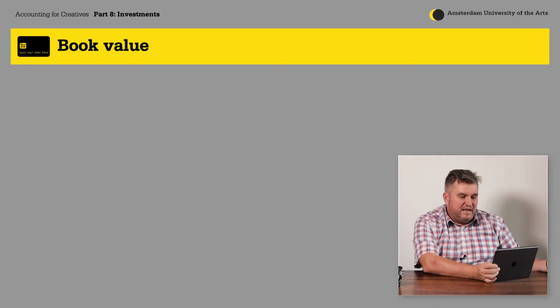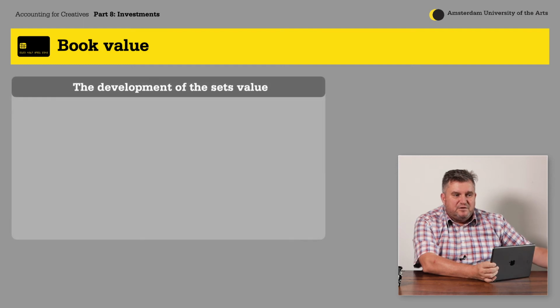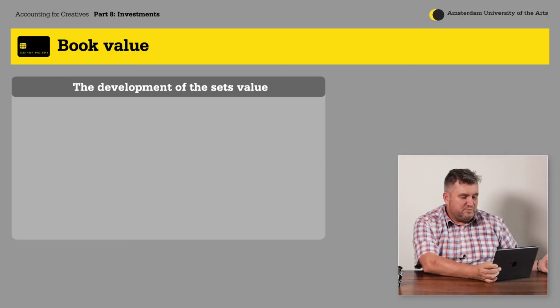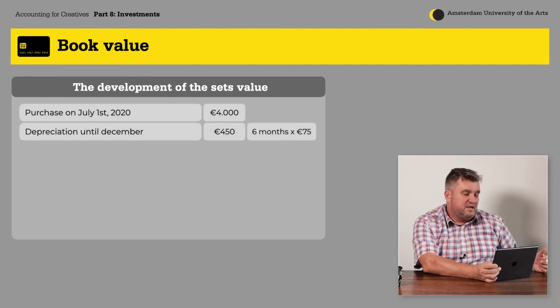Then at a certain point, after a few years, you might want to know the value of your investment at this point in time. Then you have to calculate it by subtracting all the depreciation until that point in time from your purchase value. And you do it like this. You start with your purchase on July 1st, 2020 in this example, meaning the value at that point was 4,000.